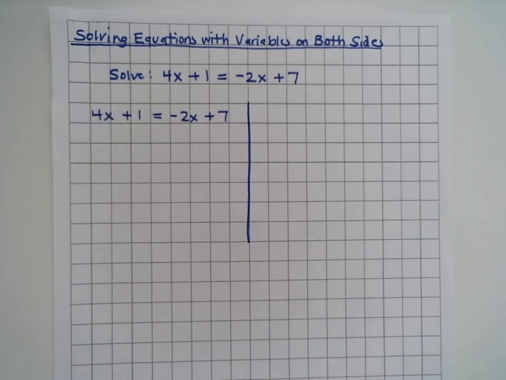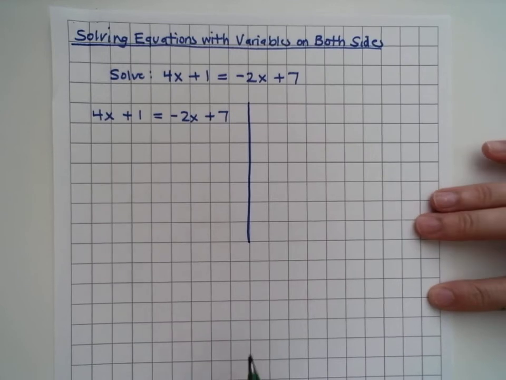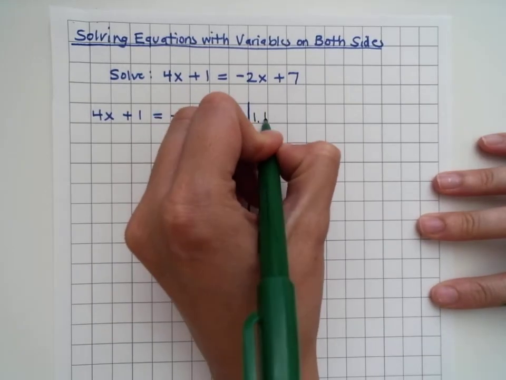So the first thing we are going to do is identify the smaller variable term and add or subtract it from both sides.